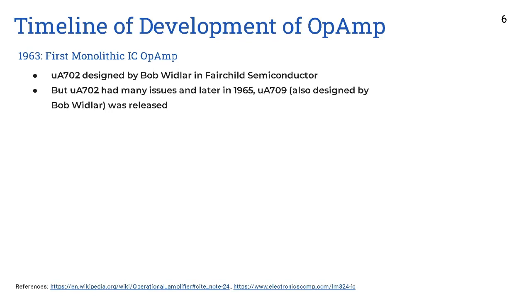So it had many issues, like very low gain and a very low output driving capability. After that, in 1965, the μA709, also designed by Bob Widlar, was released. And in this version, Bob Widlar corrected all the mistakes he had made in the previous model.